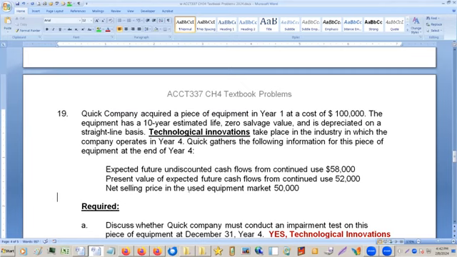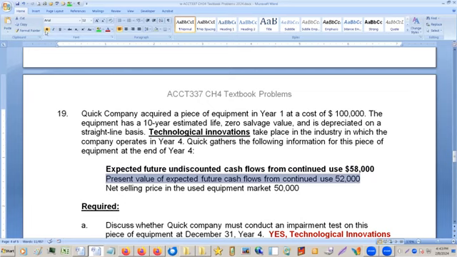All right, let's see. The expected future undiscounted. Oh, okay, so this is the undiscounted future cash flows. Present value of the expected future cash flows. So these are discounted. So the difference between these two is these are discounted.